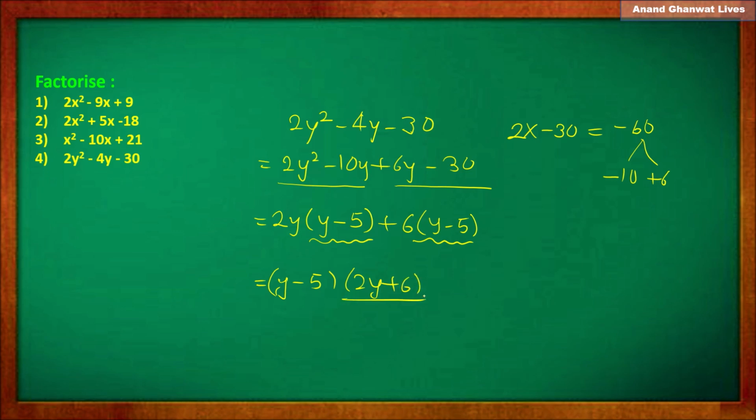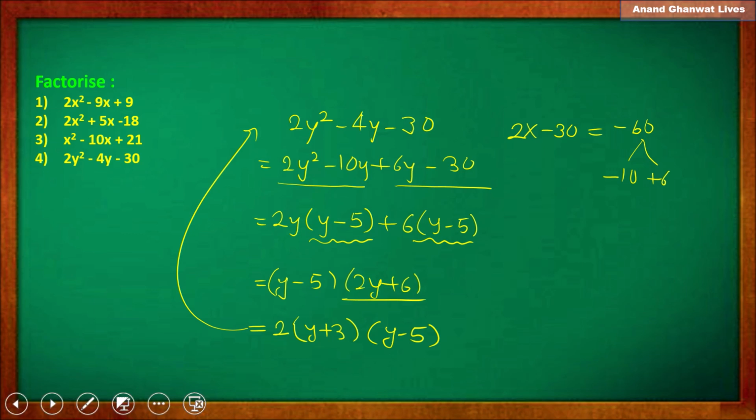Now in this 2y plus 6 there is also a common factor, that is 2. So overall we can write as 2 into bracket y plus 3 into y minus 5. So these are the factors of given quadratic expression or quadratic trinomial 2y square minus 4y minus 30.